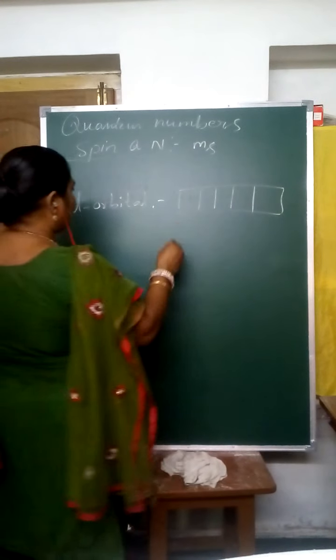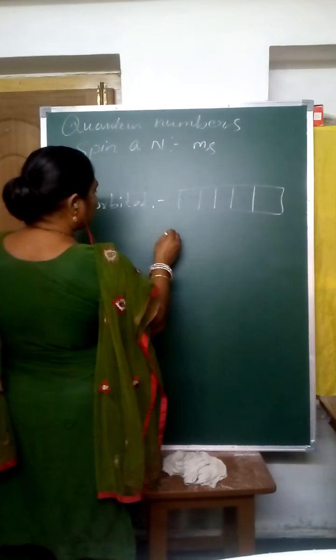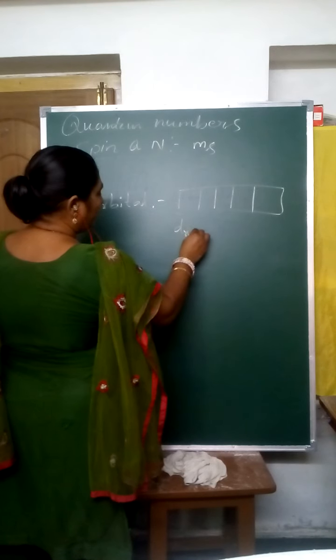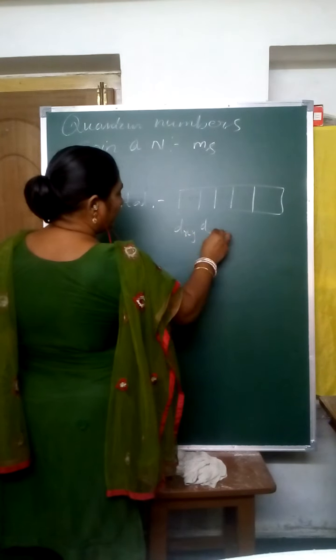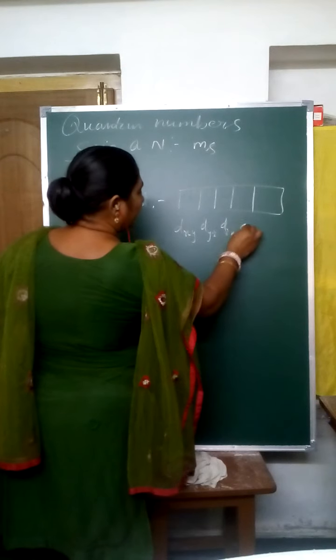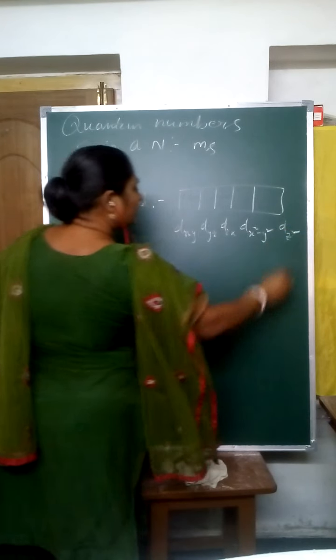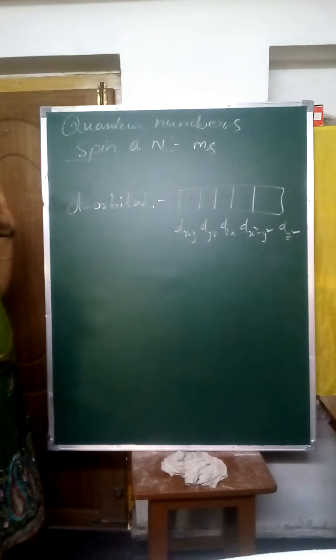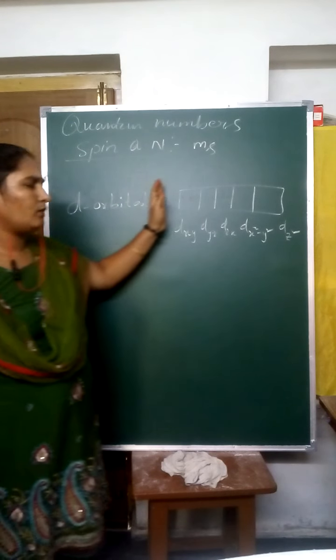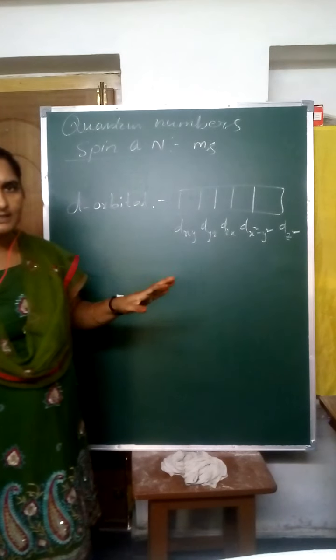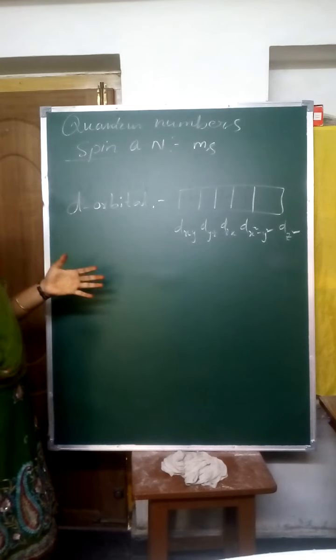Don't forget it. And what are those? dxy, dyz and dzx, dx square minus y square and dz square. These are the names of the d orbitals. They have only the same energy. Energy is not different.